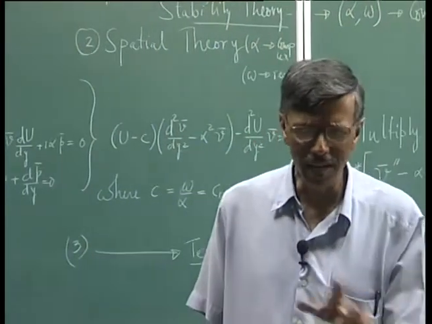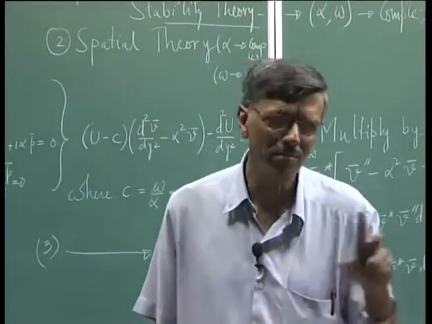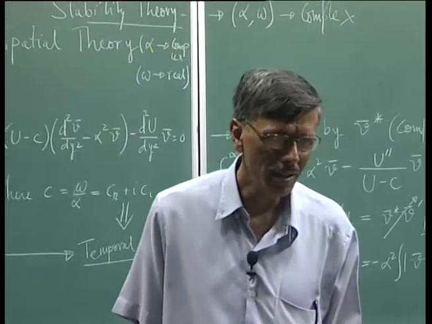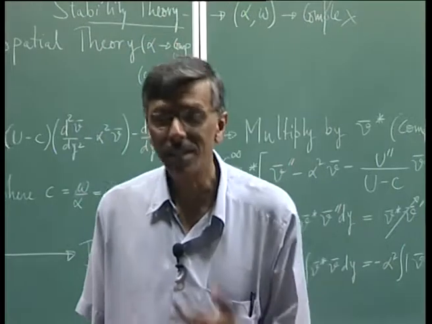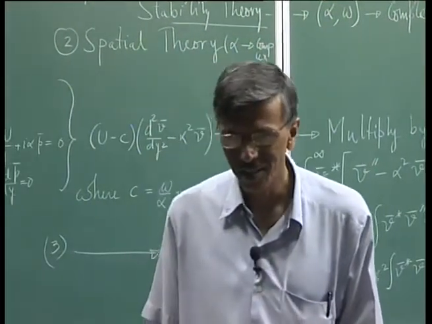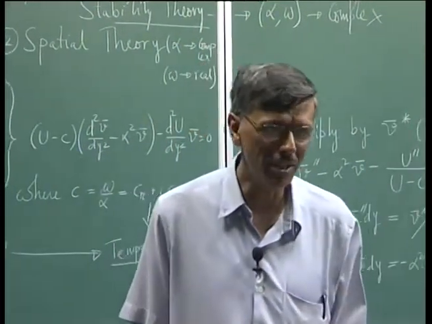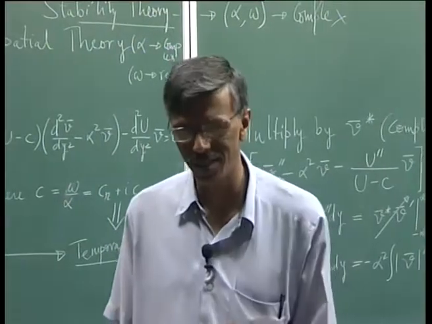A second derivative, divided by something, gives us an estimate of the curvature, right. So, when the second derivative becomes 0, the curvature is 0.